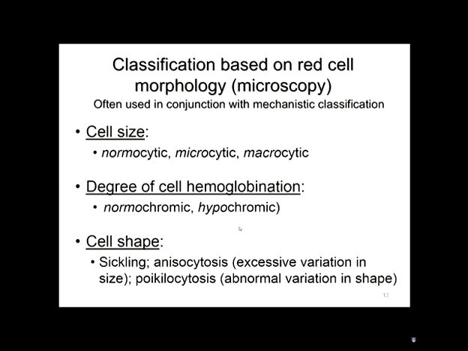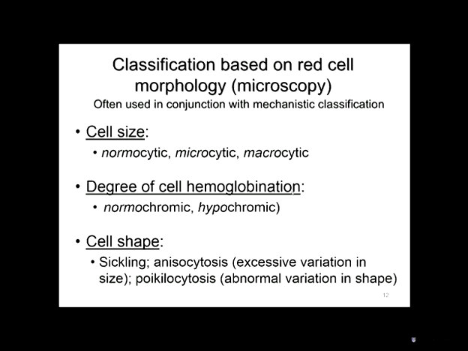It, of course, matters because hemoglobin is the main molecule that's required in order to bind oxygen. And you remember heme with iron as the main part of the hemoglobin molecule where the oxygen actually binds. Then the degree of cell hemoglobination, how much hemoglobin per cell you have, is another important parameter, and you can also evaluate that just by looking under the microscope.